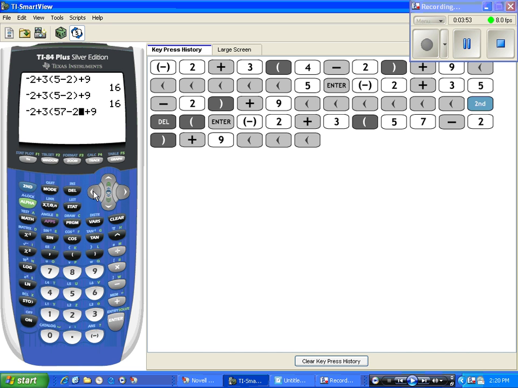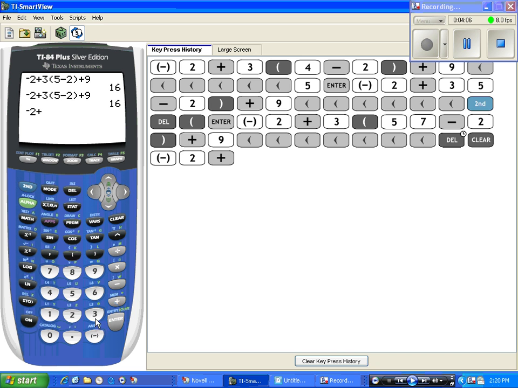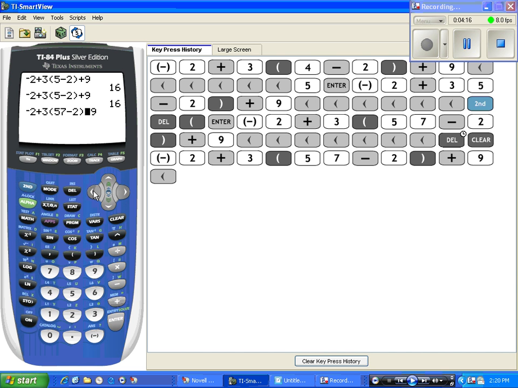And again, if I notice this, I can just cursor back and press the whoops, I cursored back too far. Let me just clear that and try that again. Negative 2 plus 3, close parenthesis, 57, subtract 2, close parenthesis, plus 9. Okay, I'll pay attention to what I'm doing. So I can cursor back, so I'm on top of the 7 that I want to delete, and then press the delete key.